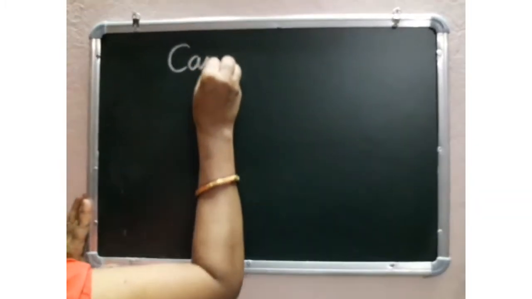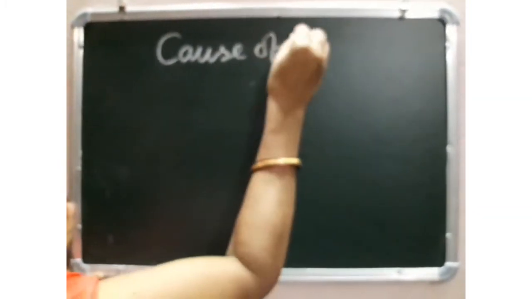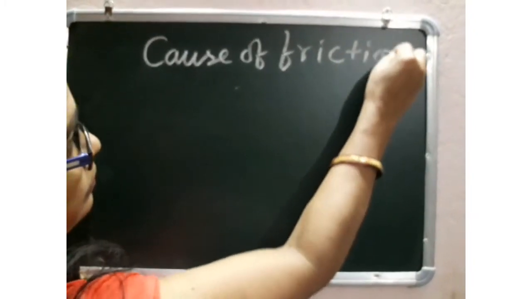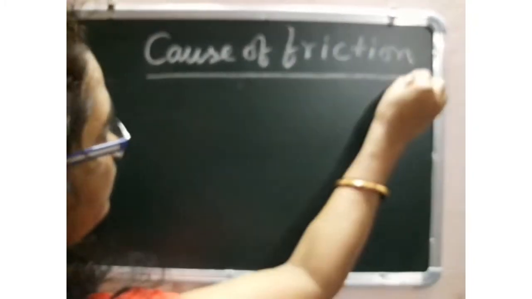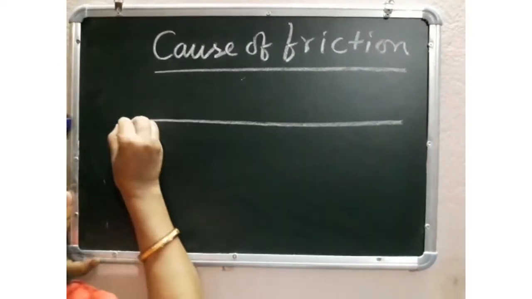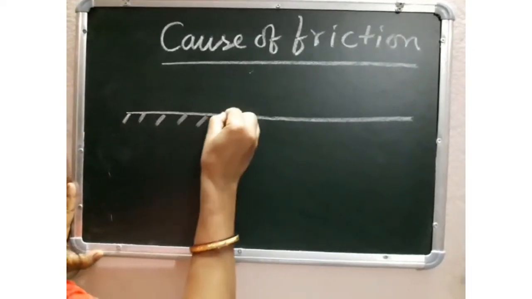Okay. Cause of friction. Suppose we take an object on a surface.